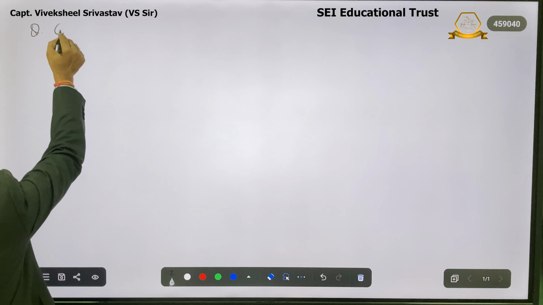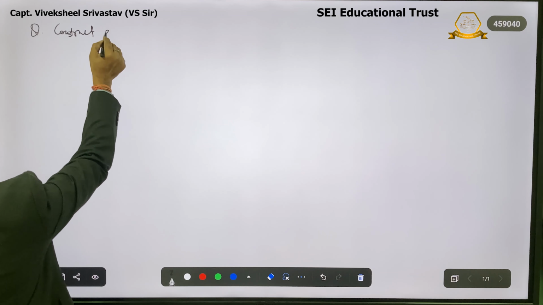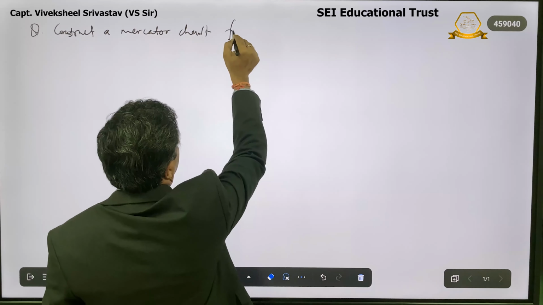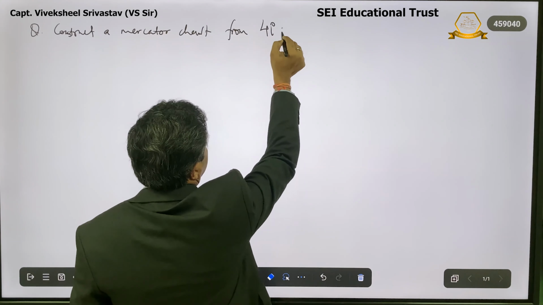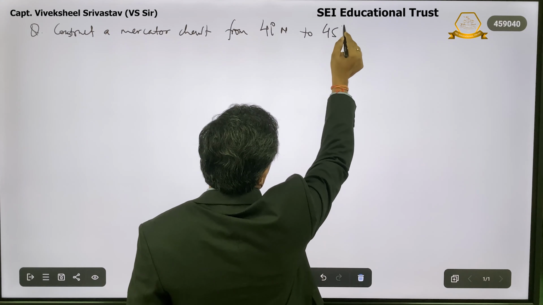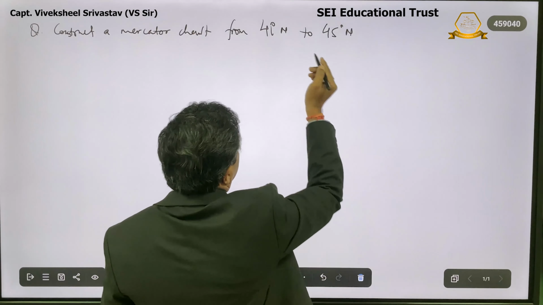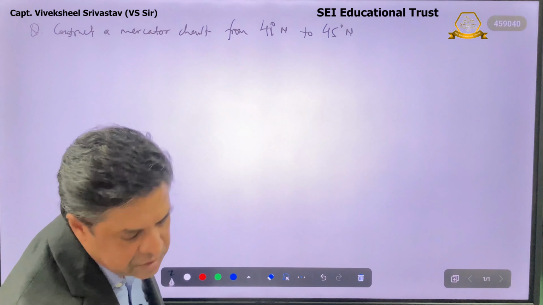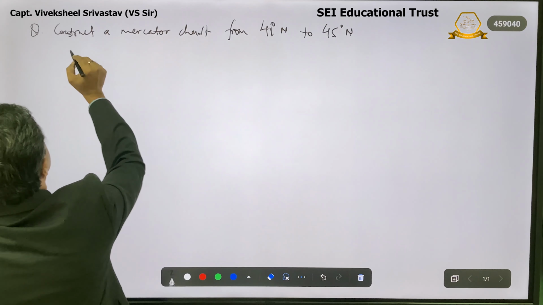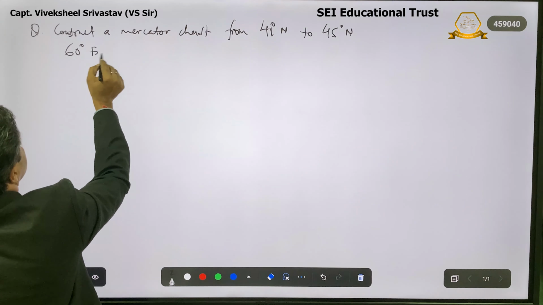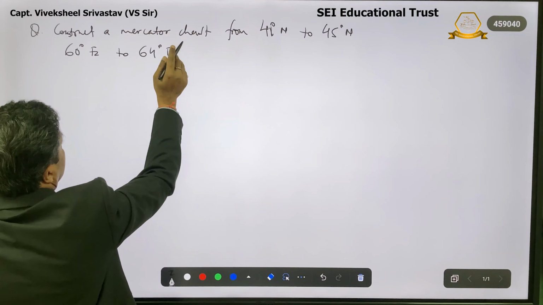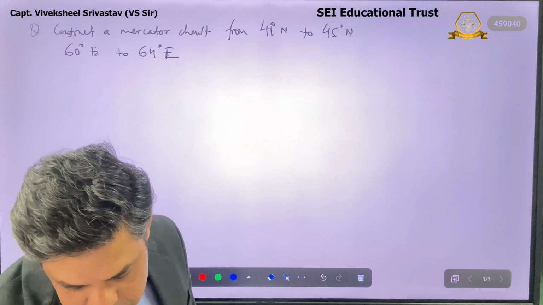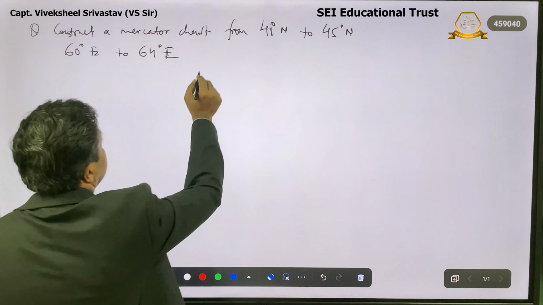The question says, construct a Mercator chart for an area from 41 degrees north to 45 degrees north and 60 degrees east to 64 degrees east, to a natural scale of 1:1 lakh in latitude 43 degrees north.